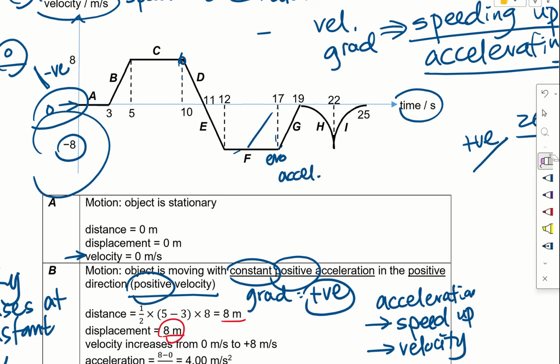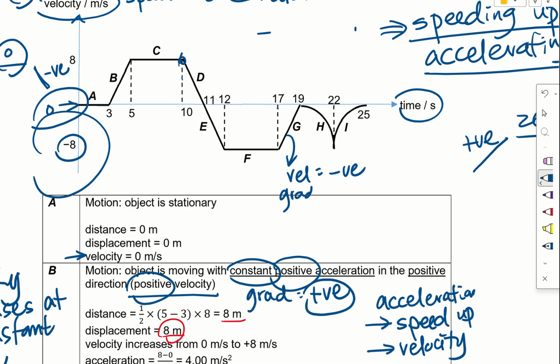For G, the velocity is negative, because it's below the x-axis. Now, the gradient is positive. So they have opposite signs, because velocity is negative and the gradient, which represents acceleration, is positive.